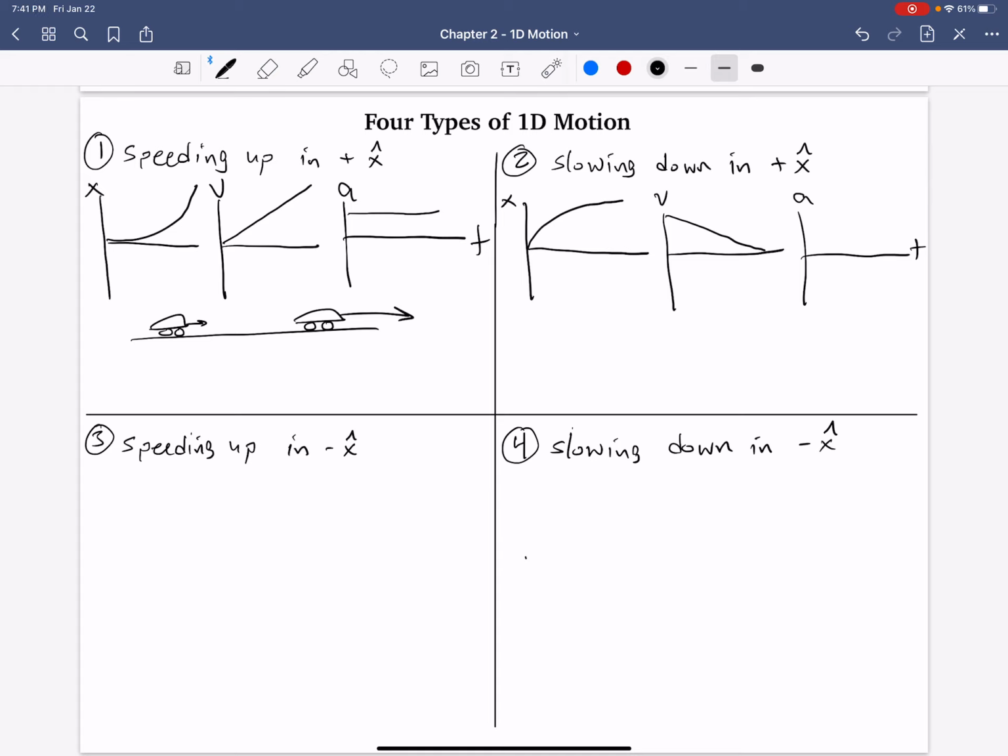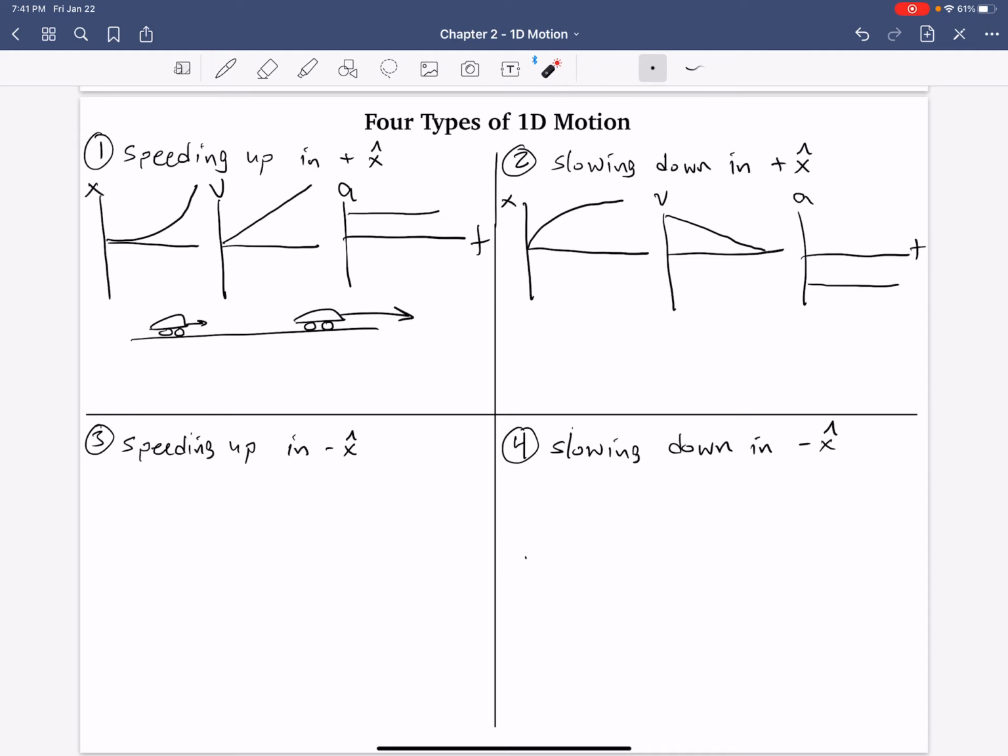That means it's the final speed minus the initial speed. Well, final is 0. The initial is some positive value. 0 minus a positive value is a negative acceleration. It's someplace down there. And that's what it means to be slowing down.